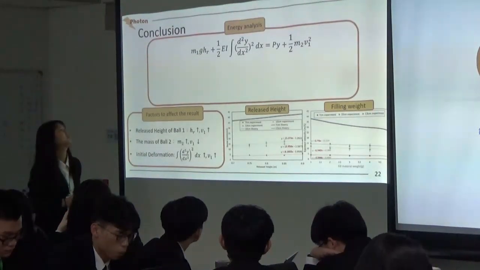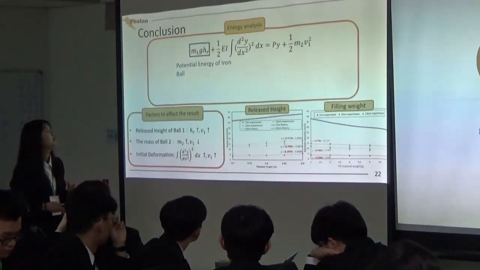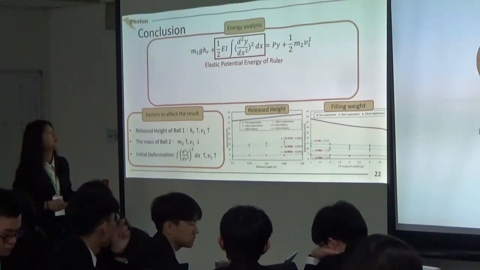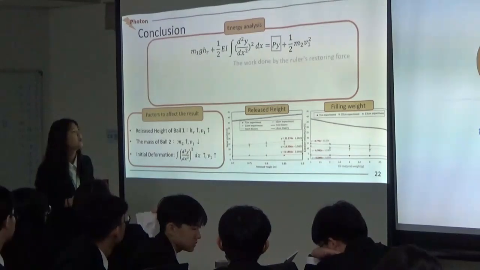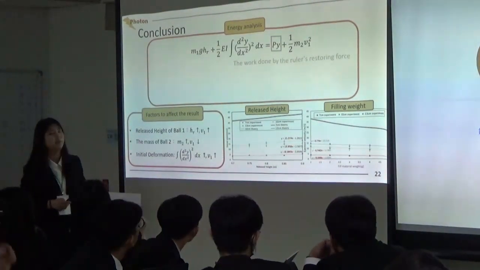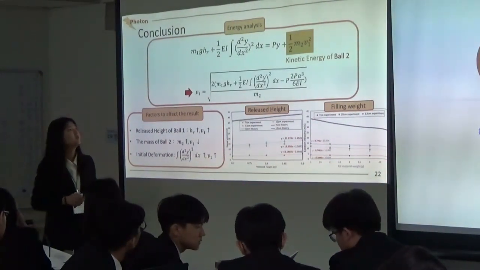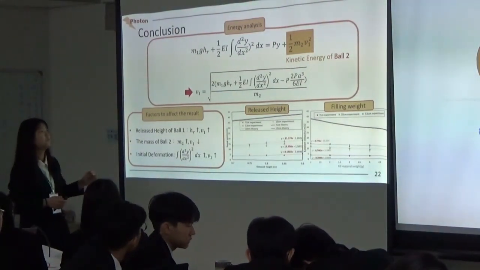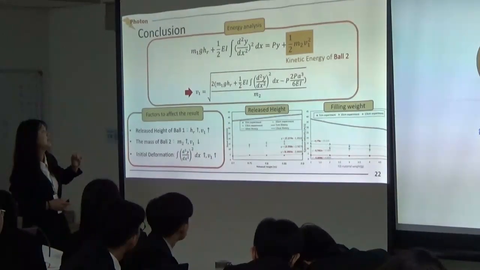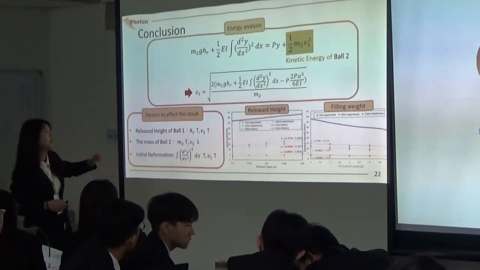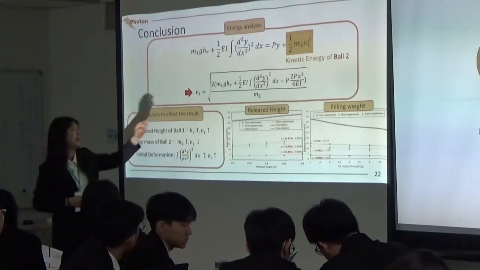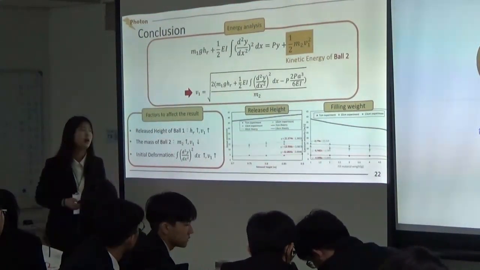And here's our conclusion. In our data analysis, we can know that the potential energy of the iron ball and the elastic potential energy of the ruler will equal the work done by the ruler's restoring force plus the kinetic energy of the ball tube. We transform this equation, and we can finally get the theoretical curve and get the D1 to compare with our data.